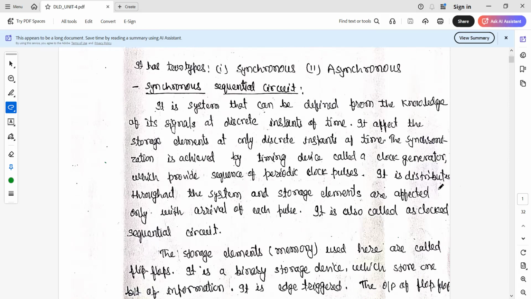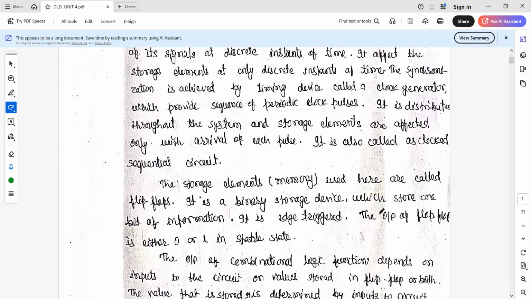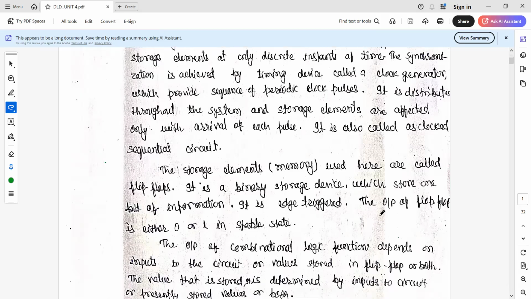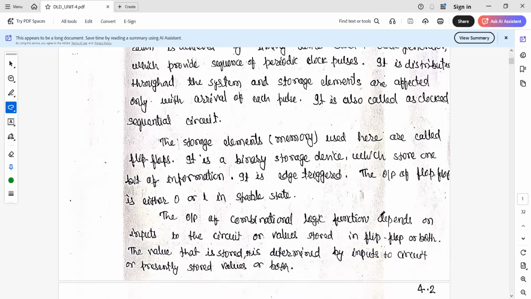Each and every flip-flop is connected to the same clock pulse, so it is also called a clocked sequential circuit, where the same clock pulse is distributed to every flip-flop. The output of the flip-flops can be either 1 or 0.